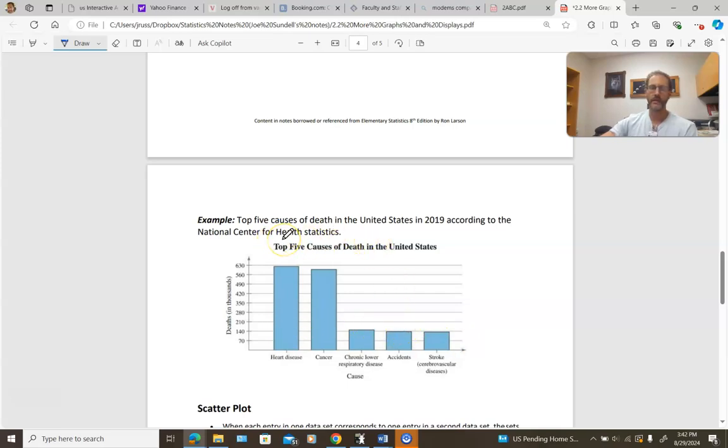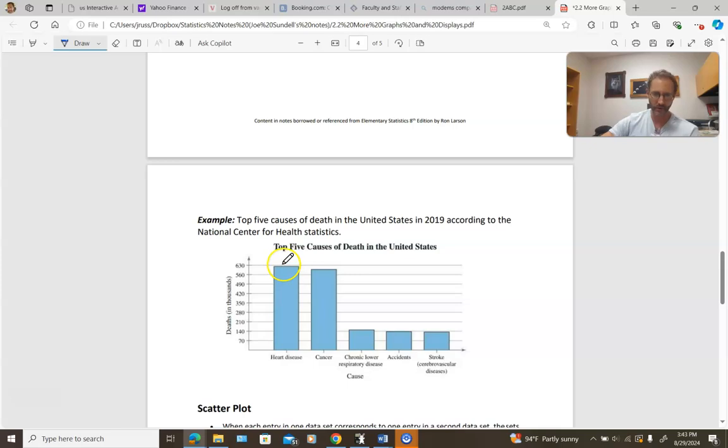So the data here is the top 5 causes of death in the U.S. And so the height of the bar will tell you what's the leading cause of death in the U.S. And you can see here it's heart disease. It just barely edges out cancer. But these look like the 2 biggest leading causes of death in the U.S. And they actually have this vertical axis calibrated to be the actual number of deaths in thousands.